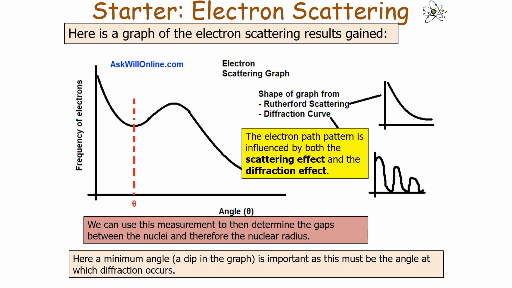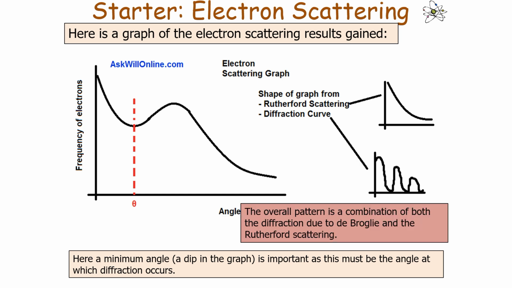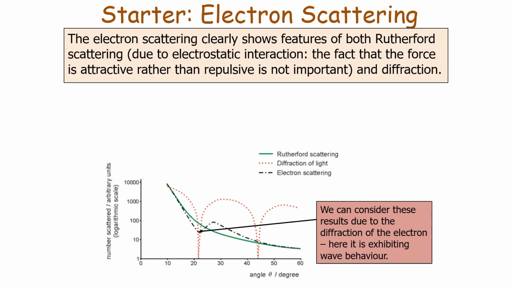So we can use this measurement to then determine the gaps between the nuclei and therefore get a value for our nuclear radius. Please do remember that this overall pattern is a combination of both the diffraction due to the de Broglie wavelength, but also the Rutherford scattering. So the electron scattering clearly shows features of both Rutherford scattering, due to the electrostatic interaction, and diffraction.